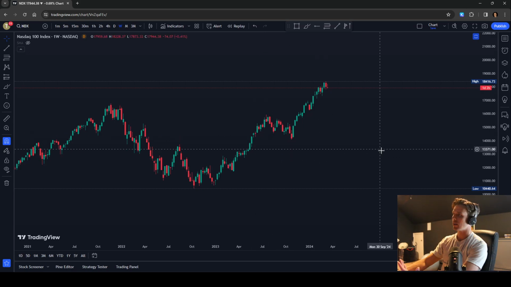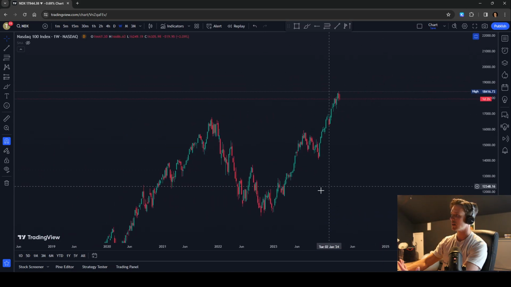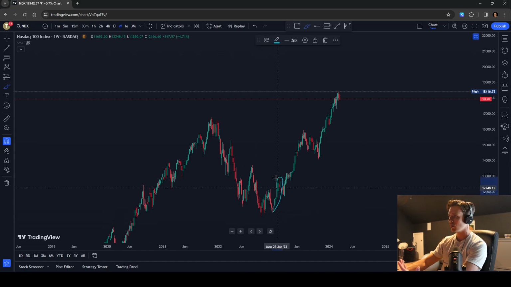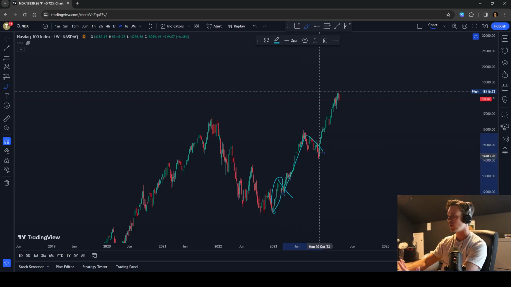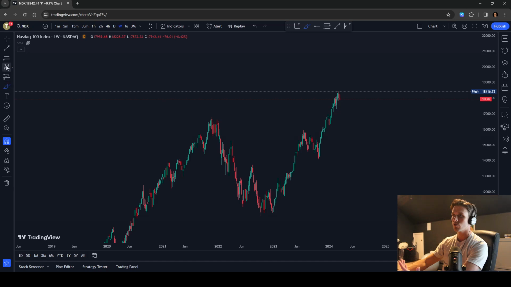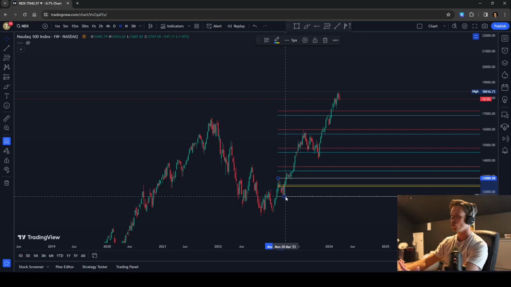So, looking at current price action here on the NASDAQ, we had a very clean move here, with a bit of a pullback, and then a clean move, pullback, and then another clean move. And it's hard to say what we're going to do next, but we could take a look just from a high analysis time frame of where we've come from to potentially help us see where we might be heading next.